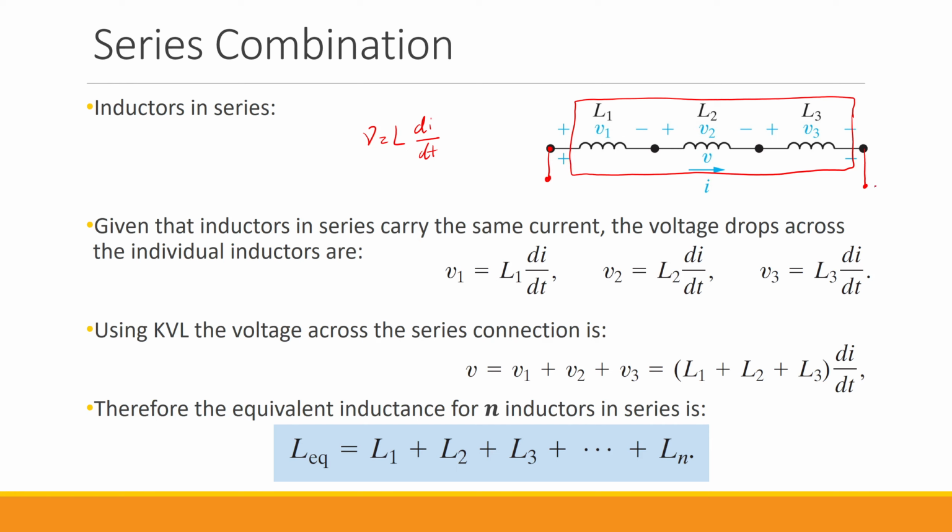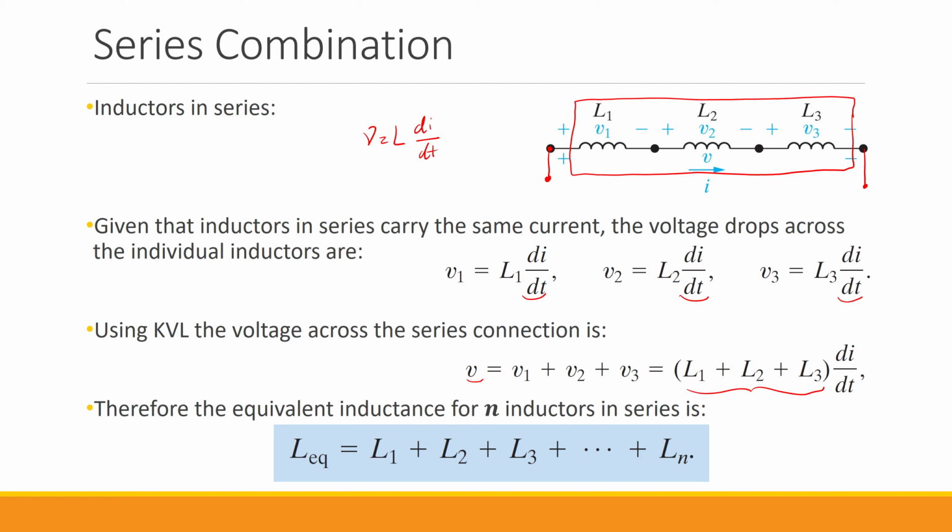So V equals V1 plus V2 plus V3. We know that each one of these individual voltages has its own equation, but the derivative of i with respect to t is common, so we can factor that out, and we are left with the summation L1 plus L2 plus L3 multiplied by di over dt.